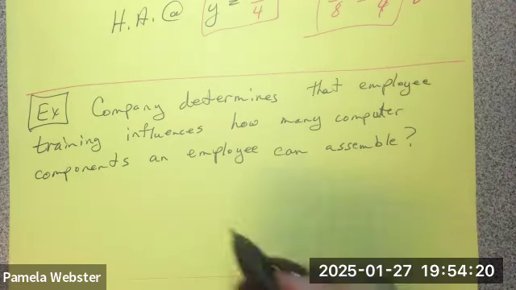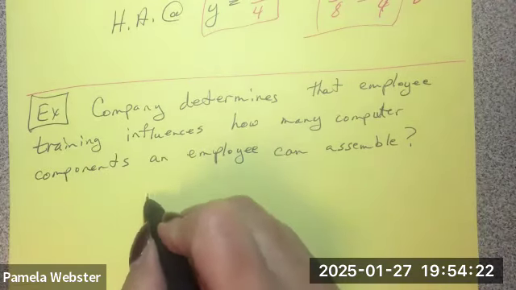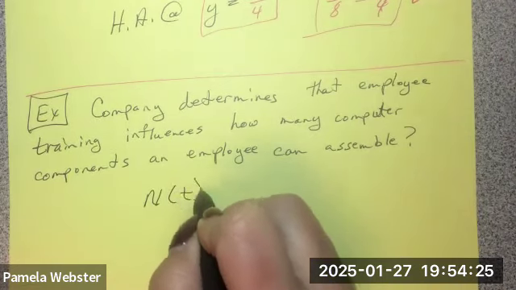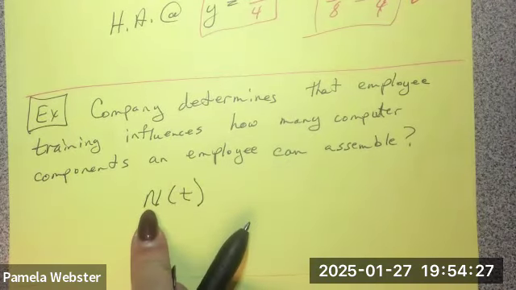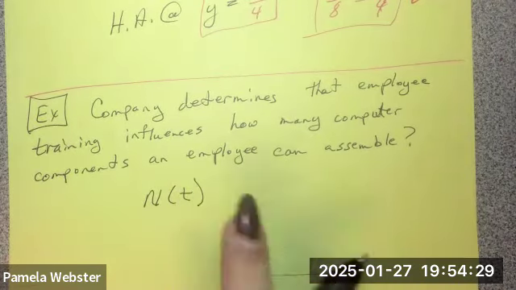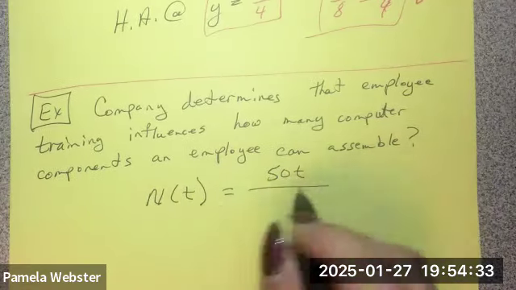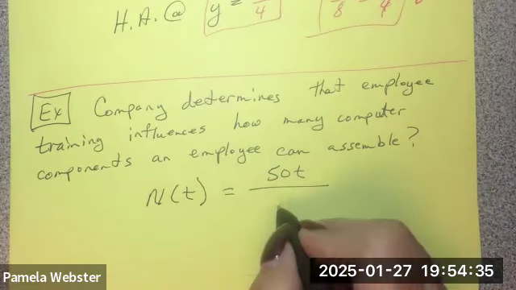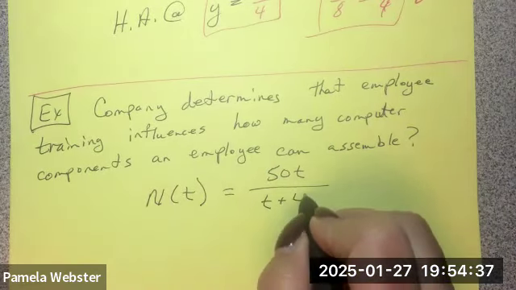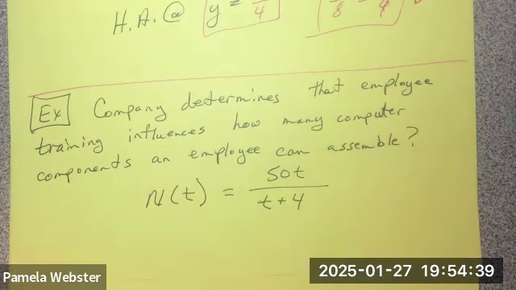So what happens is over time, this company comes up with a formula for the number of training hours, and it's a function. They've got it in function notation, and they say, here's the formula that goes with your training hours.